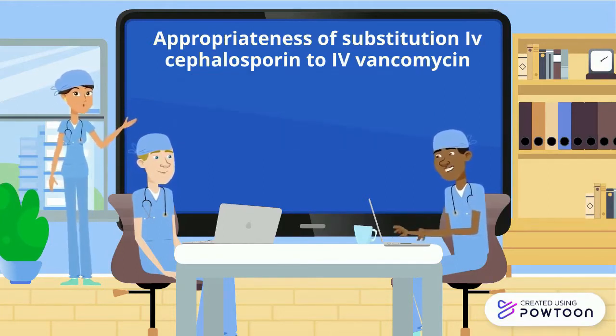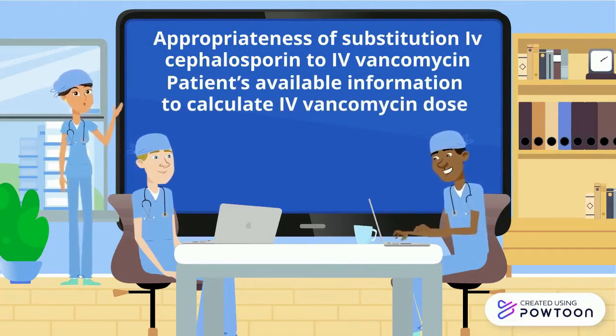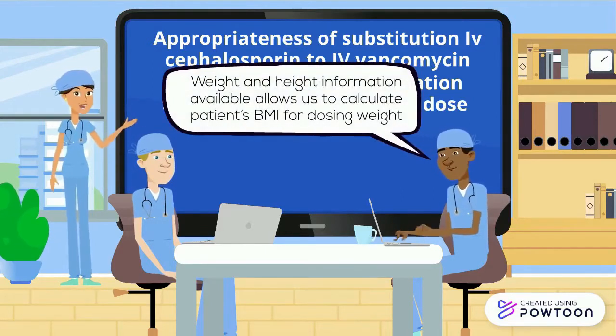Next, for number 6, it is the thorough assessment of the patient's available information to calculate the intravenous vancomycin dose. Based on the case study, weight and height information allow us to calculate the patient's BMI for dosing weight.